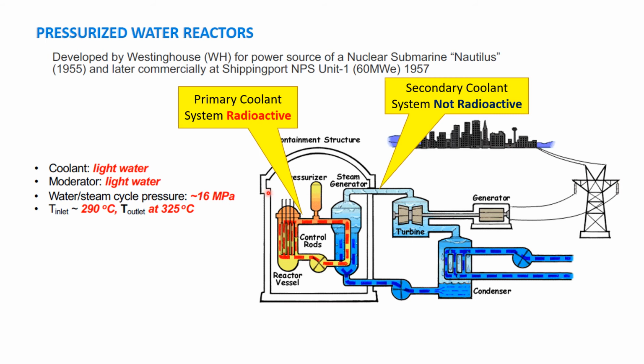The moderator is light water also. You have your water steam cycle pressure at 16 megapascals. The secondary coolant system is, however, not radioactive, so there's no problem here with the steam going out because it's not anymore radioactive.